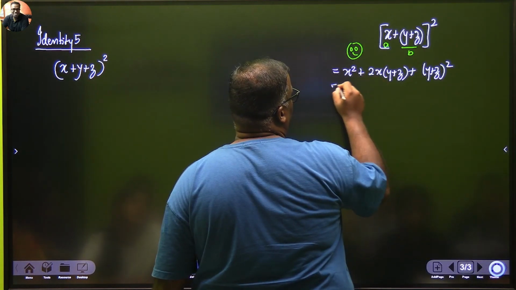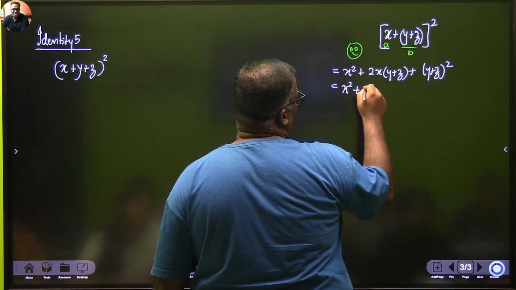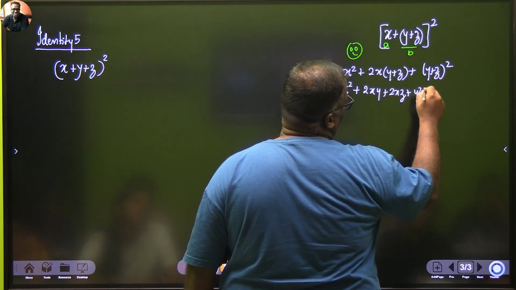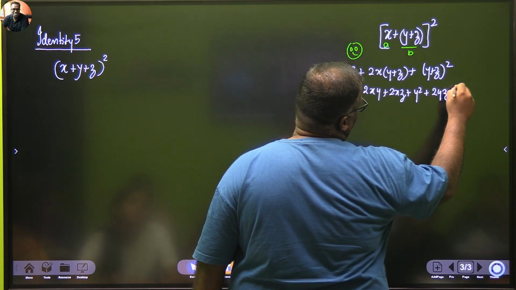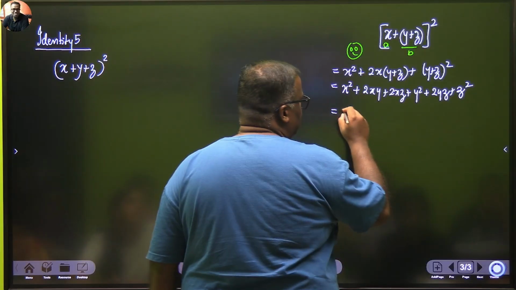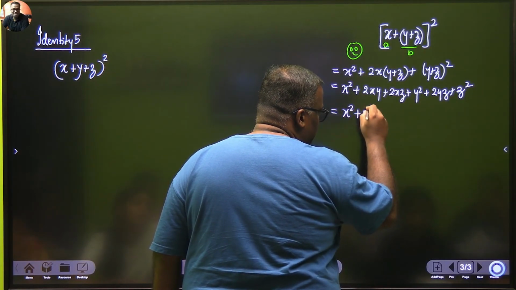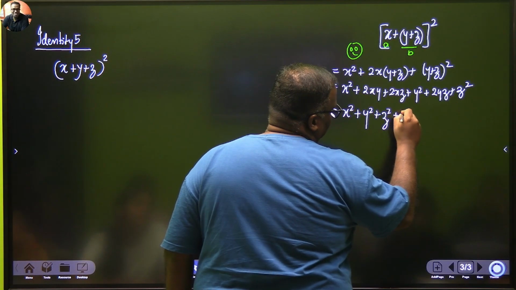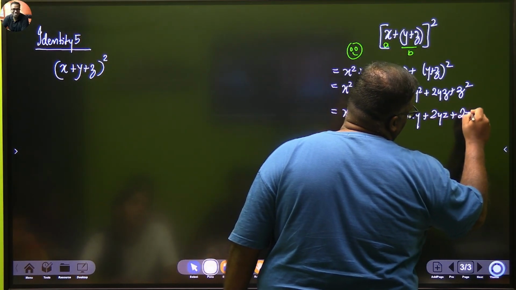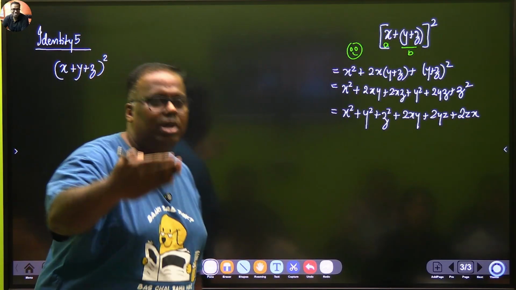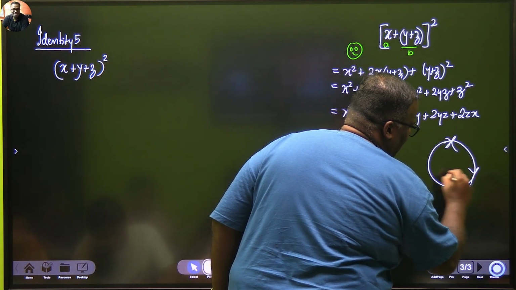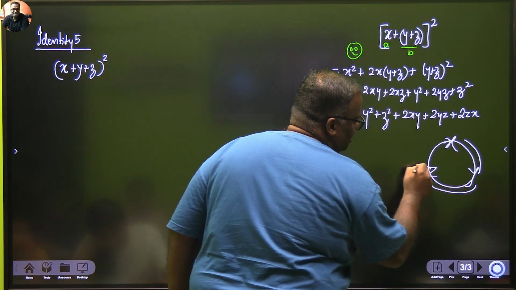We expand it further. X square 2xy 2xz plus y square plus 2yz plus z square. Agreed? So now we make it in the order of degree. X square plus y square plus z square plus 2xy plus 2yz plus 2zx. xy yz zx. और प्रॉब्लम है तो इधर x लिखो, इधर y लिखो, इधर z. xy yz zx.